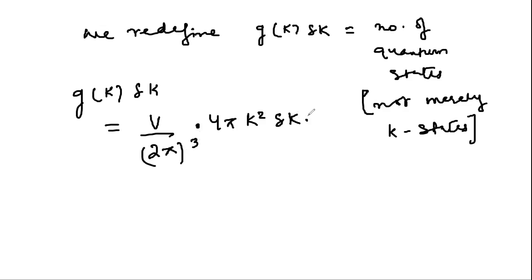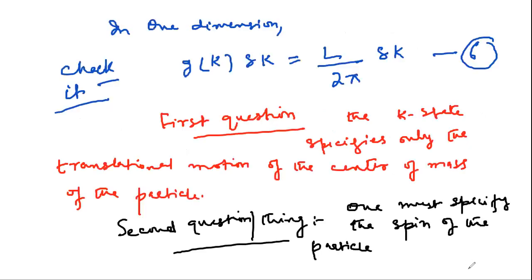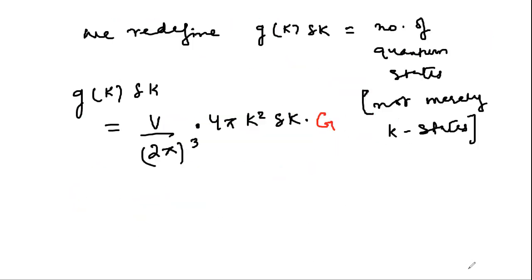Let me use another color to modify this equation. We multiply by a factor g here. So let me write this as an equation. This is my equation 7. Let me check it.